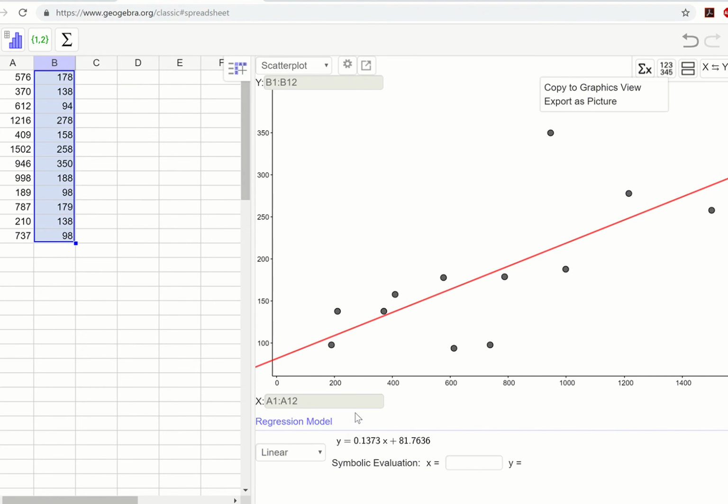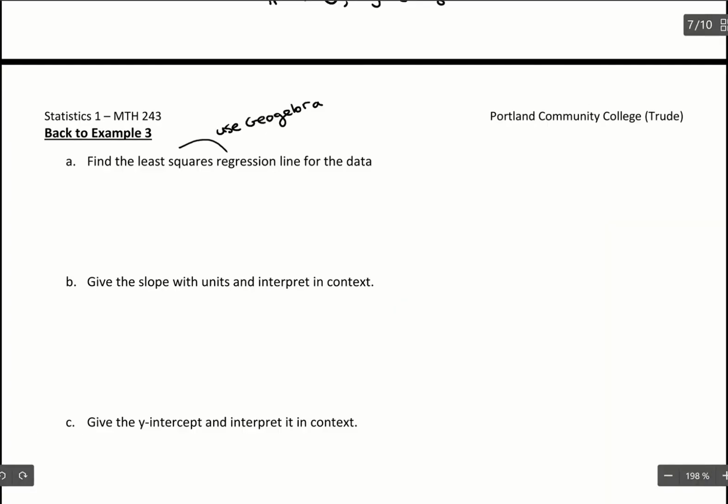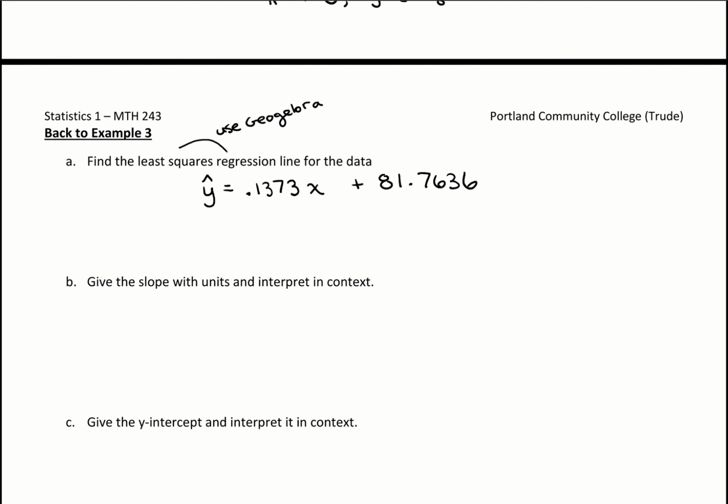So what we have here is, if we go back to our paper, what we found is y hat is 0.1373 times x plus 81.7636. And then you could also use notation that uses the wording of our problem.